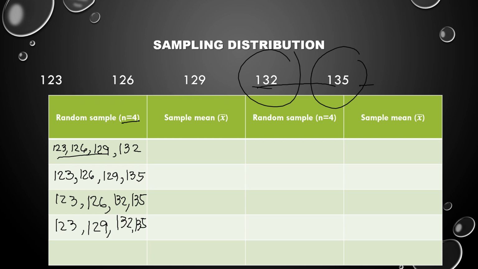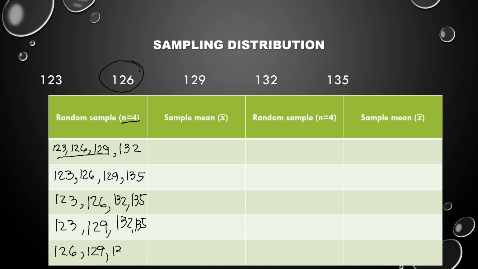And lastly, we cannot come up with another combination for that 123 there. So we can go for 126. If you look at 126, we can come up with four numbers in one combination: 126, 129, 132, and 135.